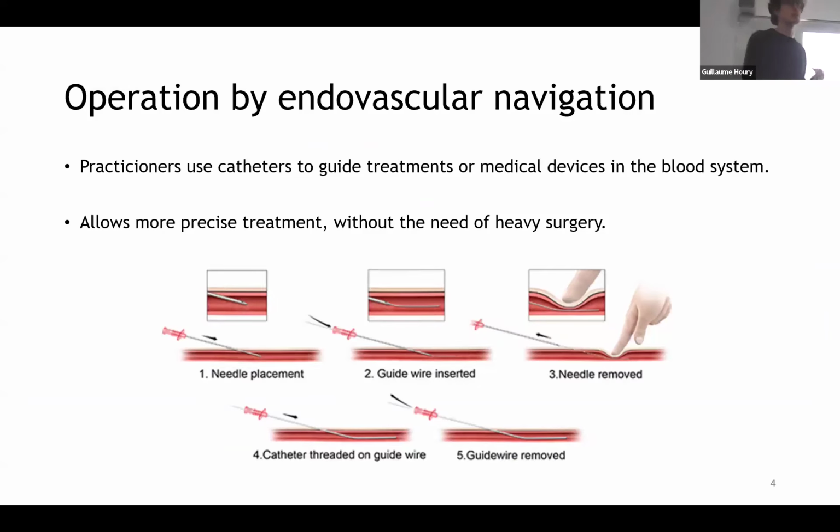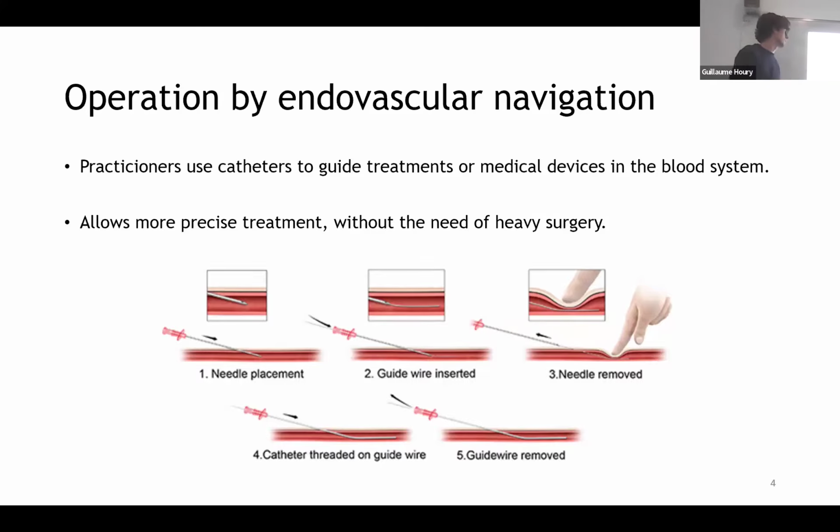More precisely, the goal is to push, let's say, a drug or a medical device to a very specific location of the body through the use of a catheter guided through the blood vessels, reaching quite a deep part of the body without needing a heavy surgery.